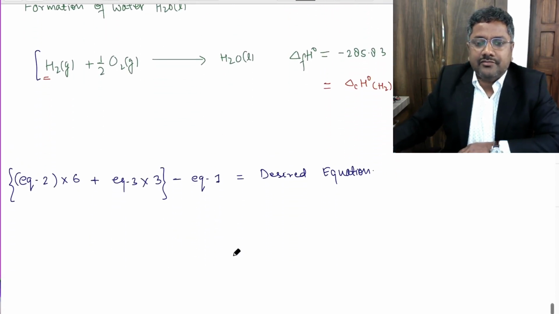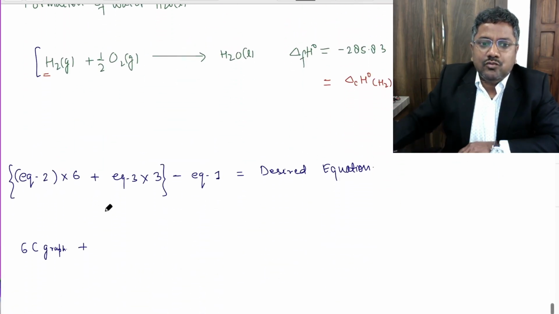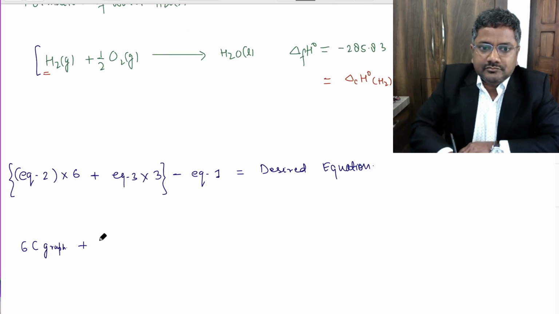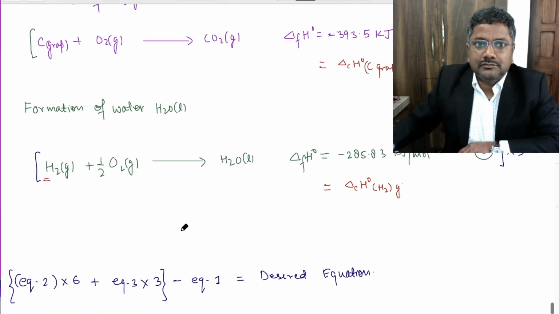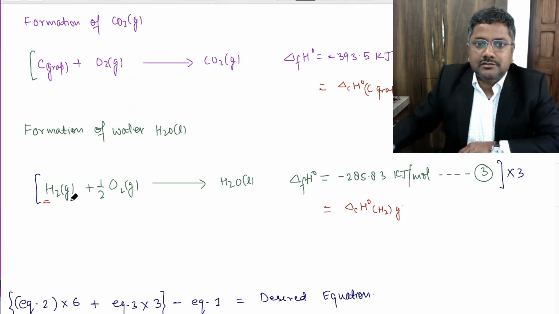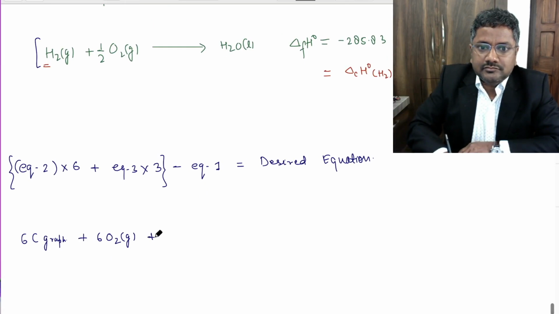So 6 carbon graphite plus 6 O2 gas and 3 H2 gas plus 3 by 2 O2 gas.